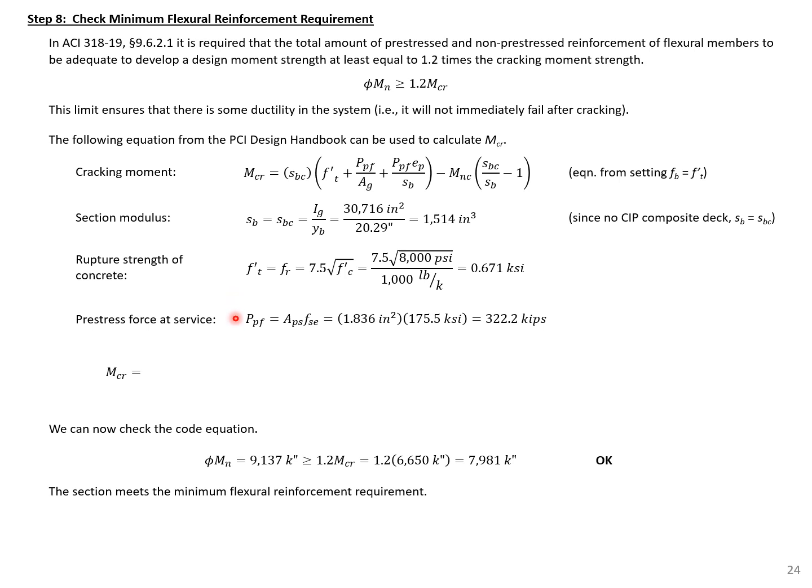The rupture strength of the concrete is just 7.5 times the square root of f'c. And then the pre-stress force at service we can find is just the area of our pre-stressing times the stress in our strands at service after all of our losses.